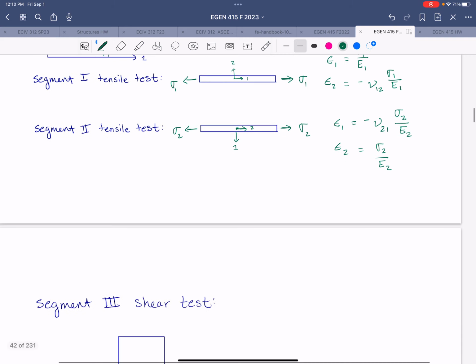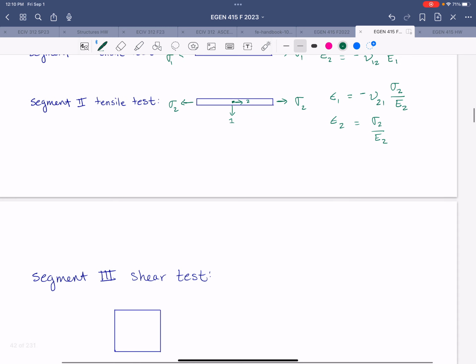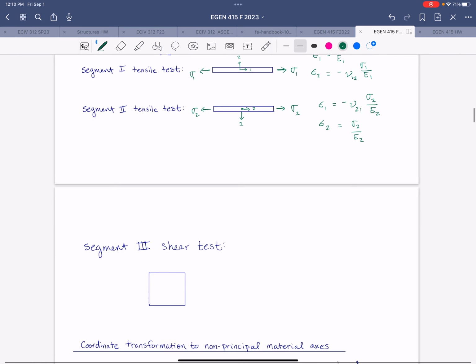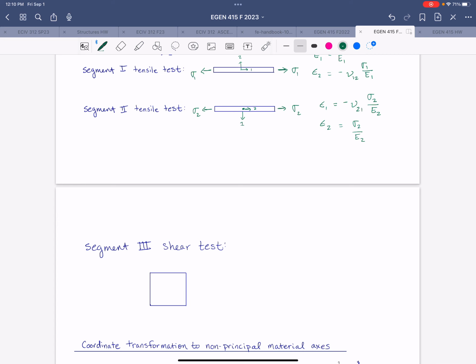All right, so then the third test would be for shear. And for that, you would apply a shear force to this rectangular panel and measure how much the angle changes.